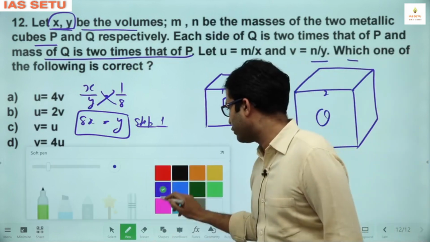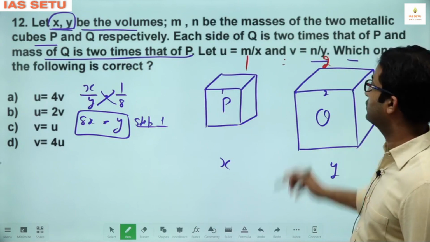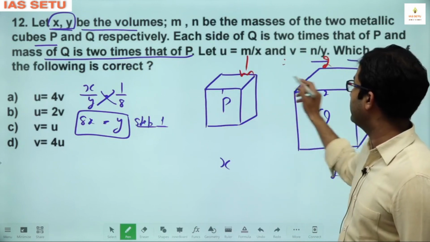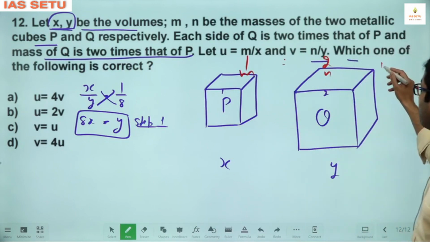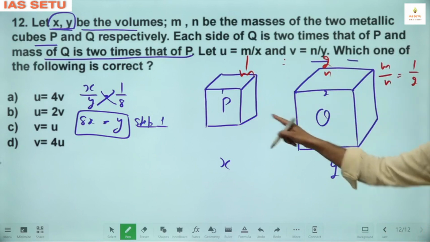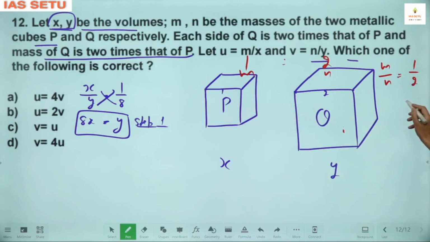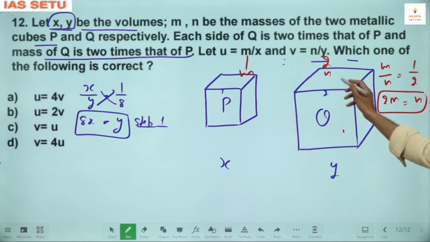So the mass ratio m upon n is 1:2. See here, the mass of this cube is double as compared to this. So cross multiply, n is equal to 2m. This is step number 2. This mass is double of m.